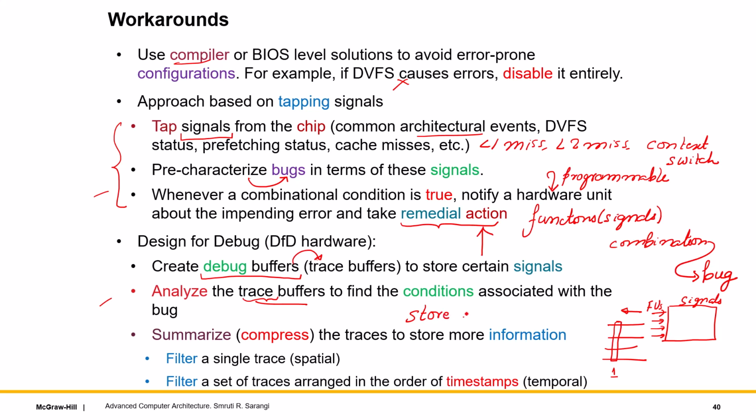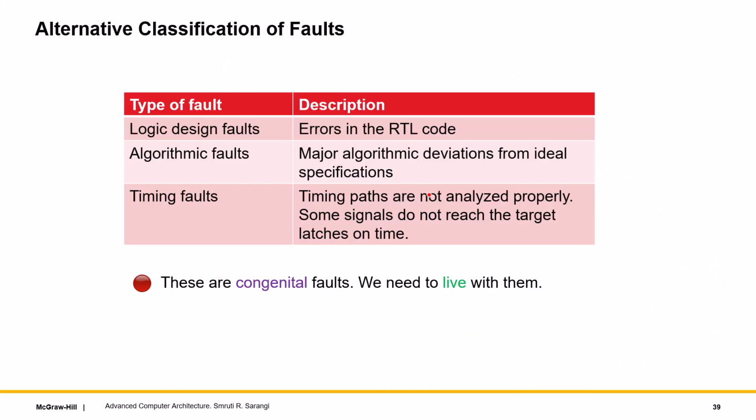If for the same space we can store more data, we can potentially analyze more, come up with more of these bug conditions, and then use other hardware that can either avoid these conditions at runtime or at least convey this to the developers such that in the next generation of the chip they are aware which conditions lead to a problematic situation, and then they can use it to further debug and rectify the issue. So this is the broad idea of trying to fix RTL level faults.